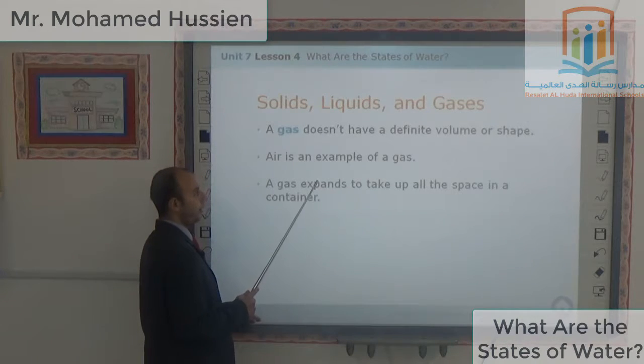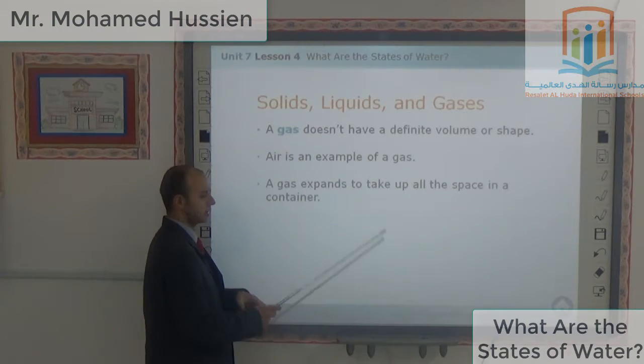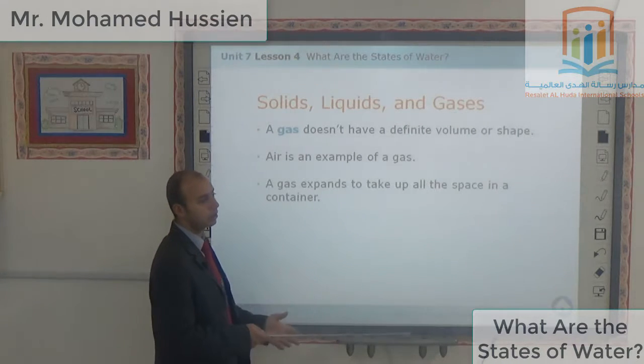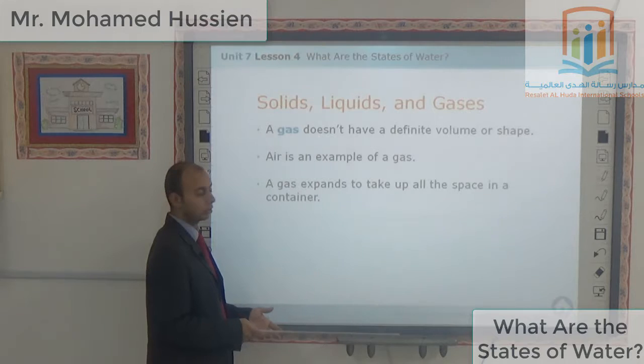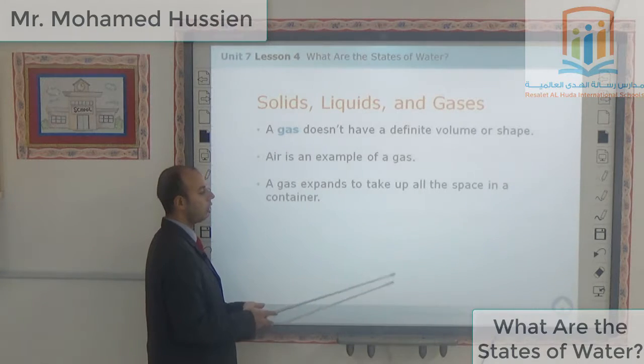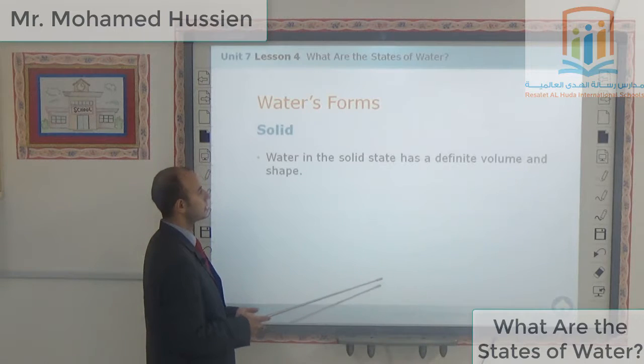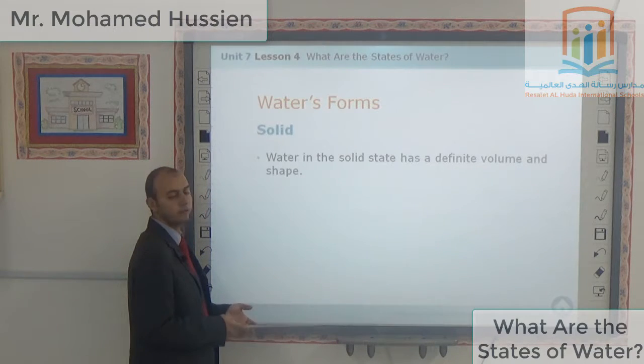Yes. Air is an example of gas. And components of air, as you know, it's a mixture of different gases, which are oxygen, nitrogen, hydrogen, water vapor. All of these are gas states or components of the air.